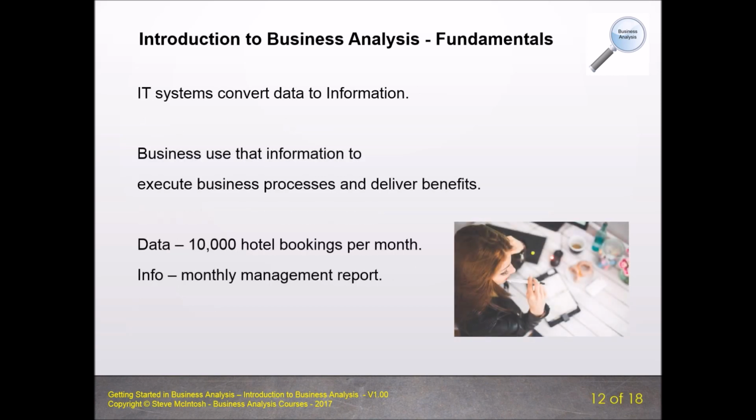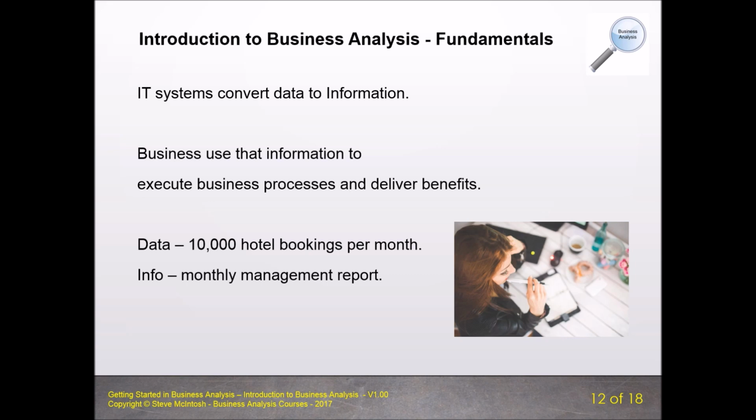A simple example of that might be a hotel booking system, where the system holds information about bookings, and let's say there are 10,000 bookings a month coming into this system. Staff and management need to be able to use that information to take action, but very few users could process and use, say, a printout or a screen with all those 10,000 bookings.